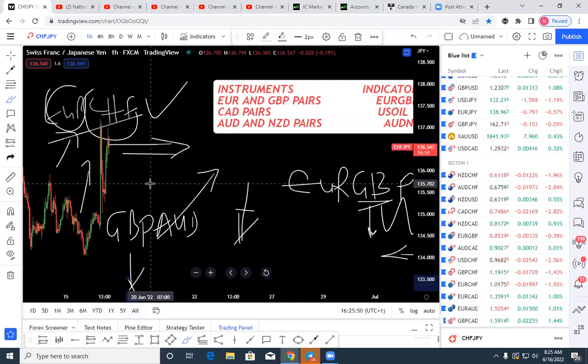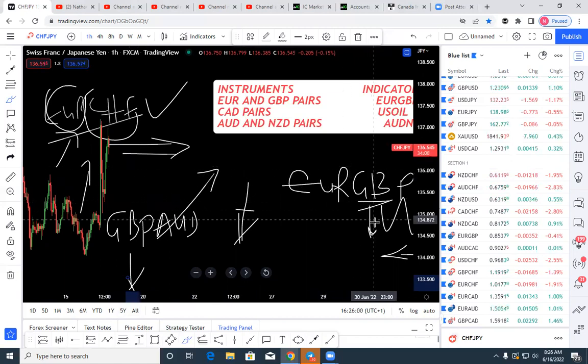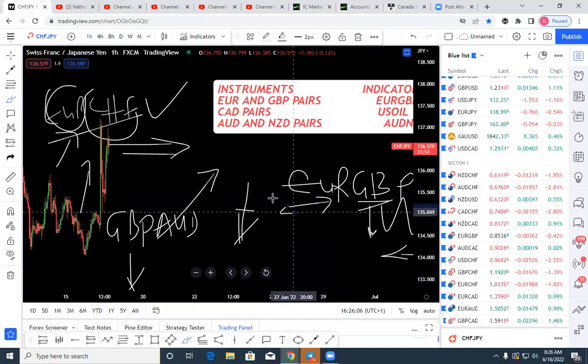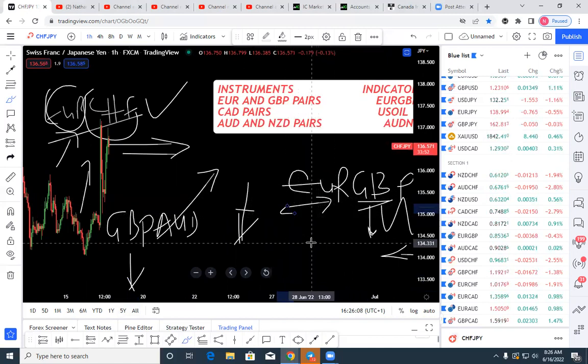All right. So what I do, I go to my higher time frame. I go and check the setup. Once I check the setup and it has a clear setup, I know it's going to work fine. So what I'll just do is I'll wait patiently, guys, patiently for the buy setup of Euro GBP to start.